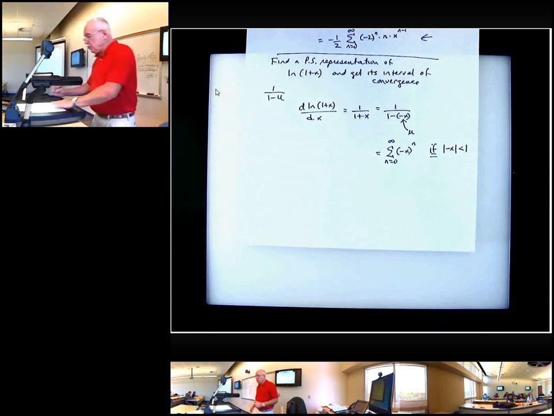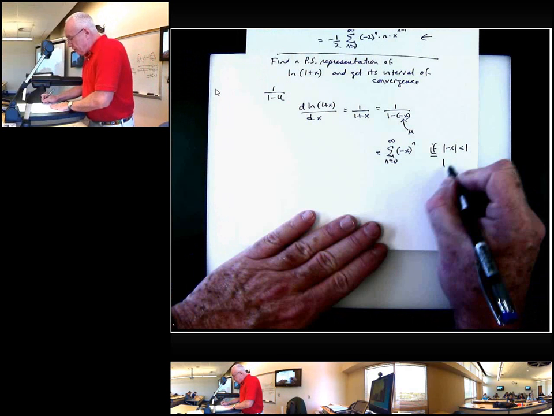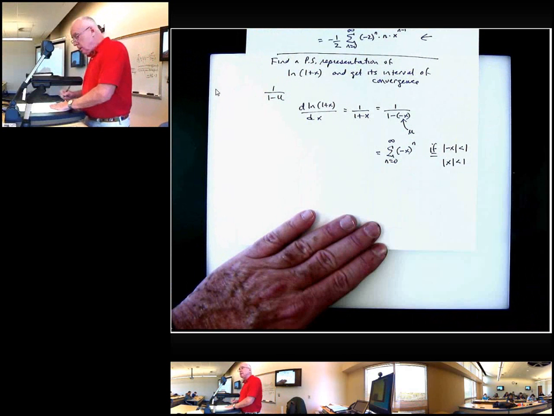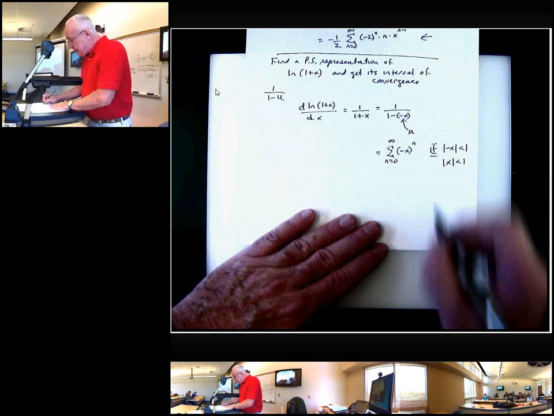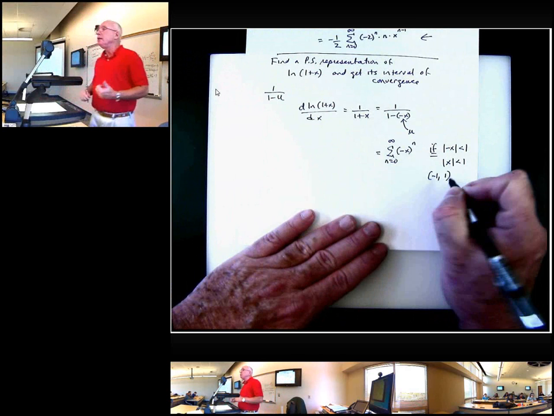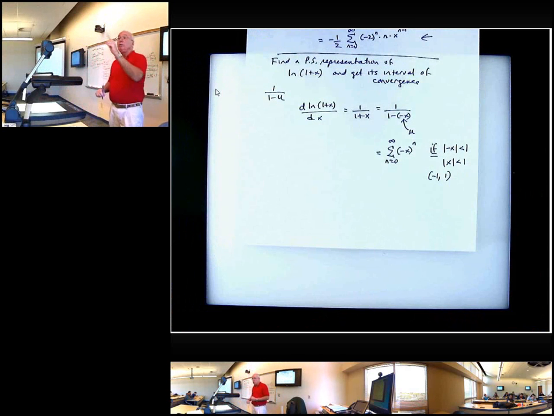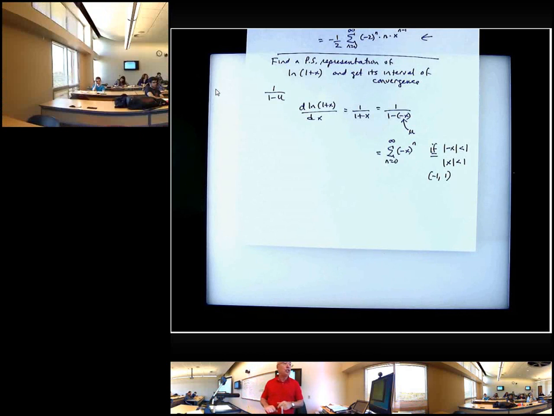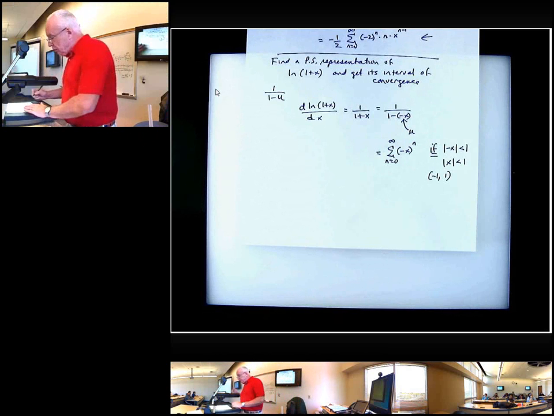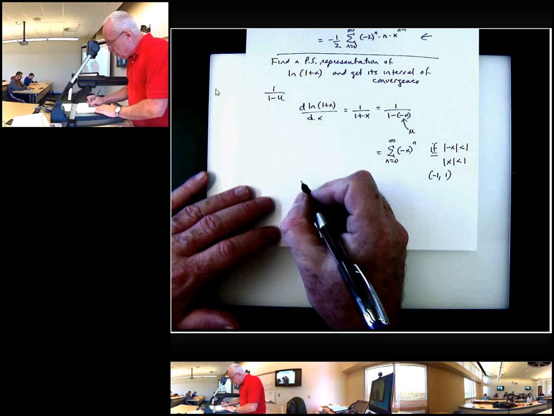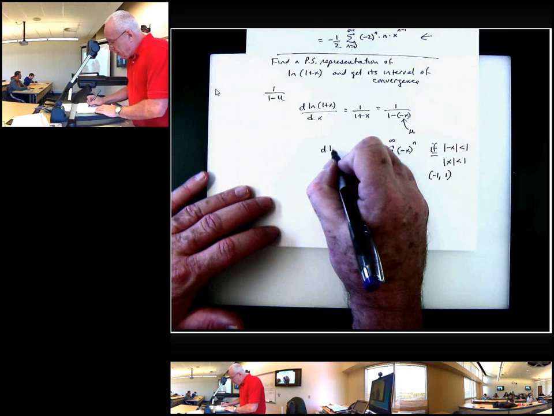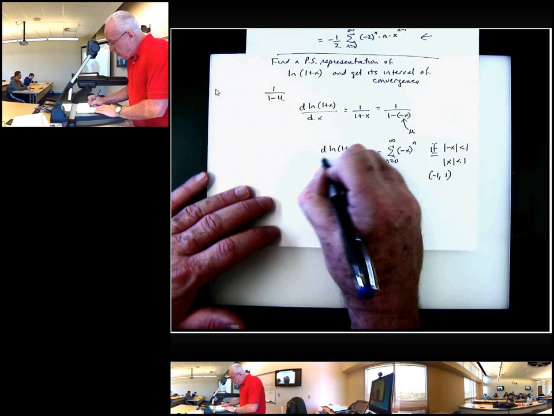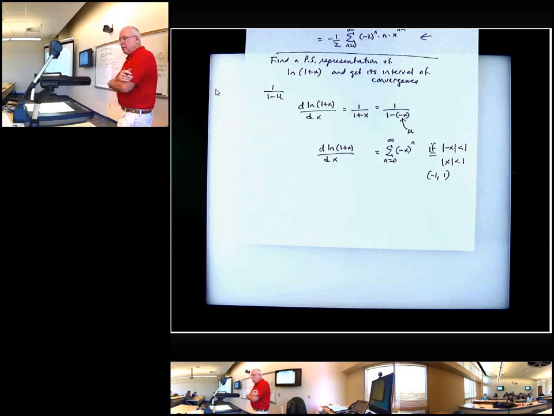So that, of course, means that the absolute value of x has to be less than 1, which means that x has to be squeezed between negative 1 and positive 1. And we do not have to check the endpoints for this geometric series. All right. Now, so we have this. So this is the derivative of the natural log of 1 plus x.